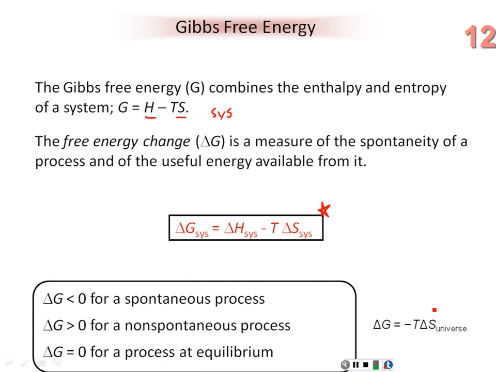Remember, that's because entropy of the universe has to be positive, but you have that negative sign out there. So delta G is the opposite. It has to be negative for spontaneous. It also has to be positive for non-spontaneous. And for a process at equilibrium, delta G is 0. And that is a pretty important concept. We'll talk about that again.